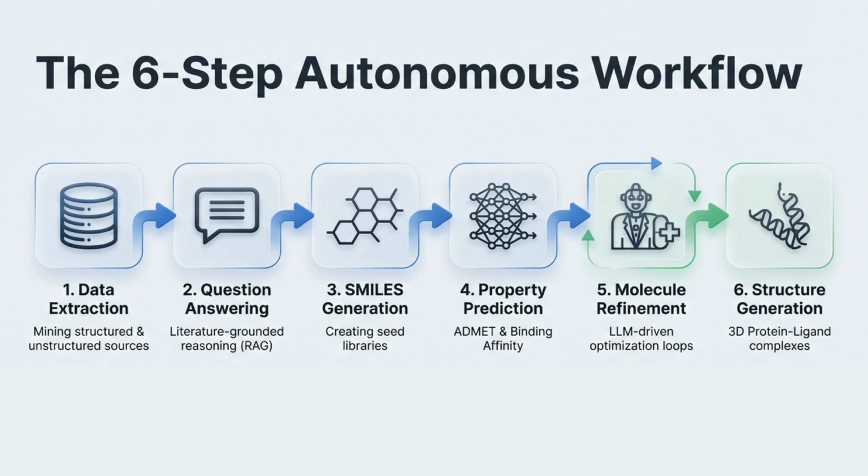These refinements rely on the language model's internal reasoning rather than external optimization tools. Following refinement, domain-specific criteria defined by the user can be applied to select promising compounds. Throughout the workflow, users may also request clarification of scientific concepts.